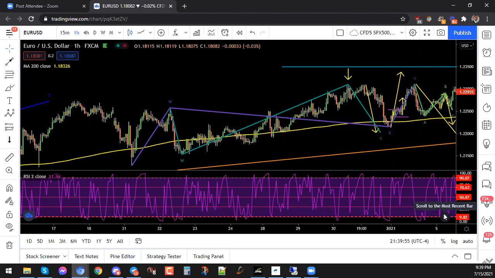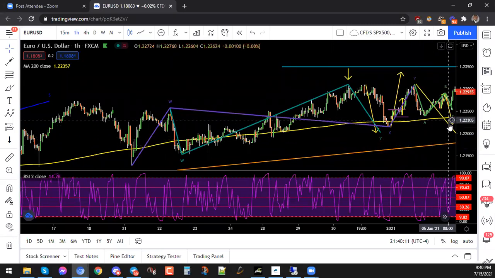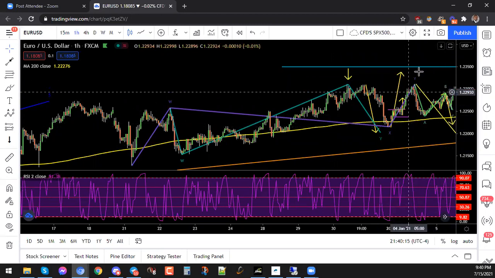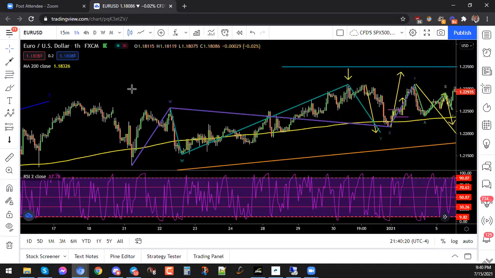It could simply mean that this wave we're looking for became truncated. Most of you are familiar with truncated waves, right? If this wave became truncated to the downside, it would mean that we are potentially extending to the upside. So this wave up, which did not make this full measurement, is still going up, right?